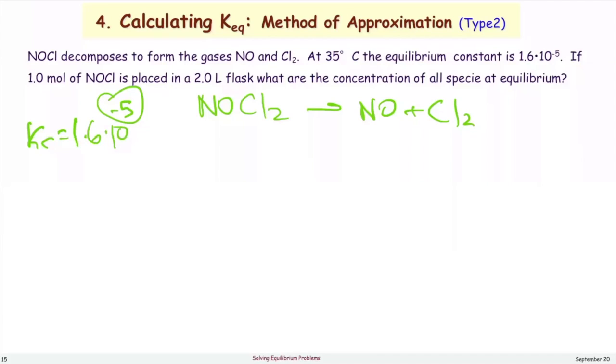Remember, the equilibrium constant can never be negative, but it can be very, very small. 10 to the minus 30th, 10 to the minus 60th. Those are not uncommon for reactions. Generally, you get like 10 to the minus 5, 10 to the minus 8. When we get to acid-base chemistry, it can certainly get very small.